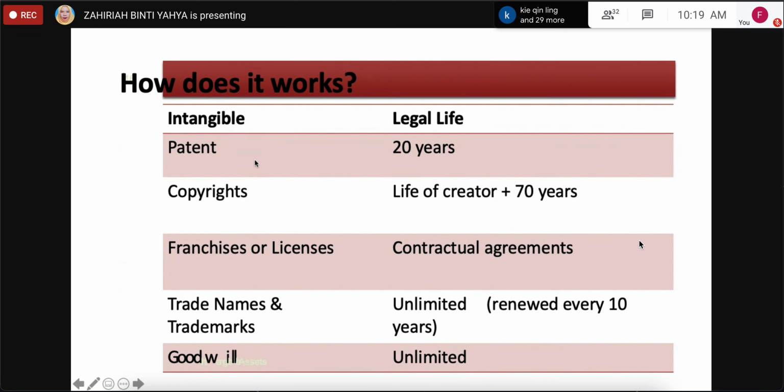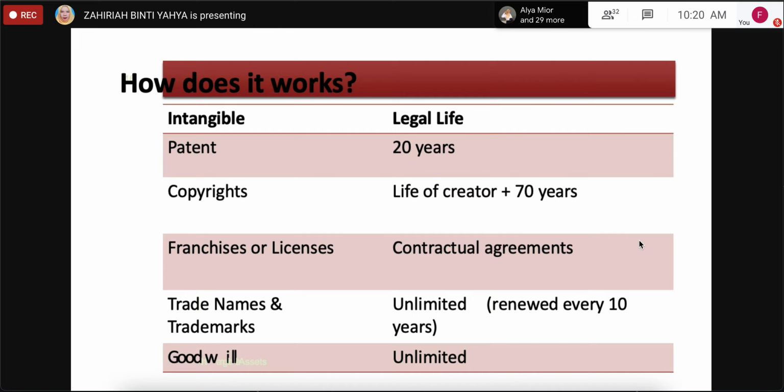Okay. So, how does it work? Kalau patent, kalau di Malaysia, patent hanya 20 years daripada you patentkan you punya produk tersebut. Maknanya selepas 20 years, siapa-siapa pun boleh tiru.